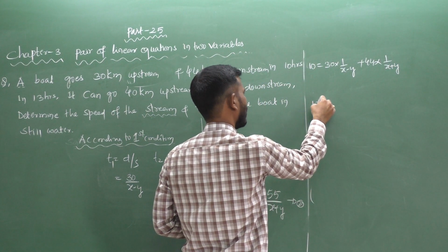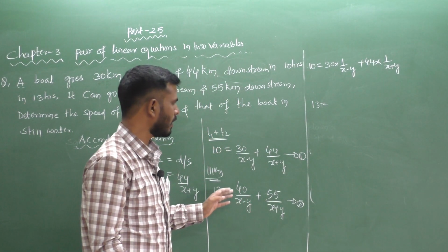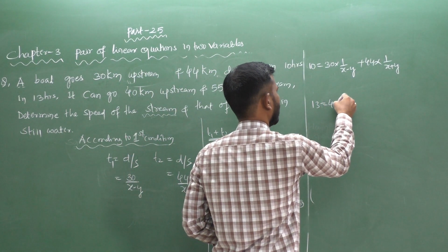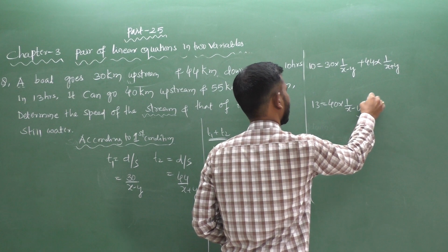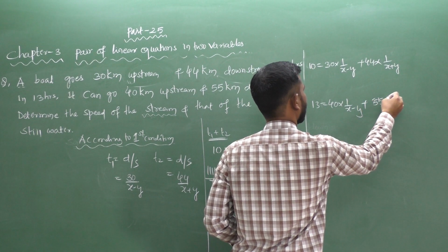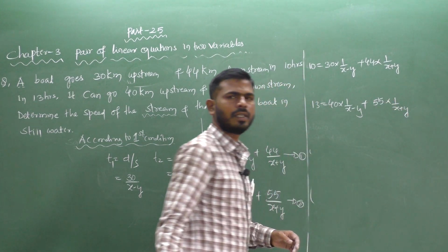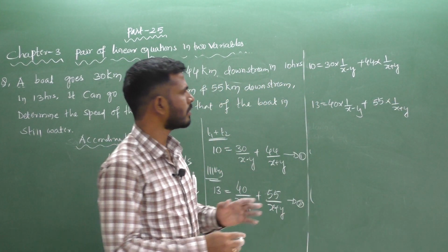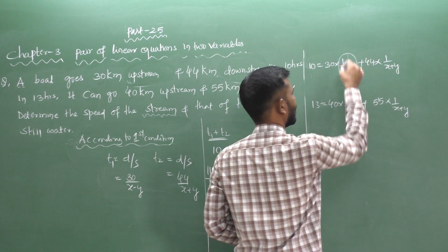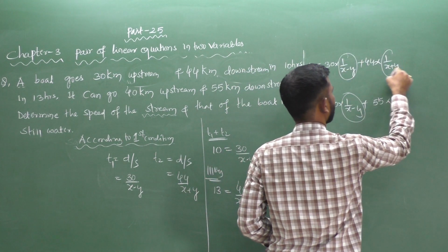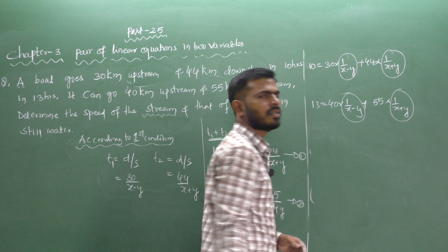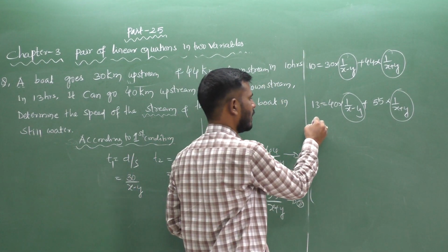The next one is given: 13 equal to, second condition, 40 into 1 by x minus y plus 55 into 1 by x plus y. So look at equations 1 and 2. What is the common factor? That is 1 by x minus y and 1 by x plus y.